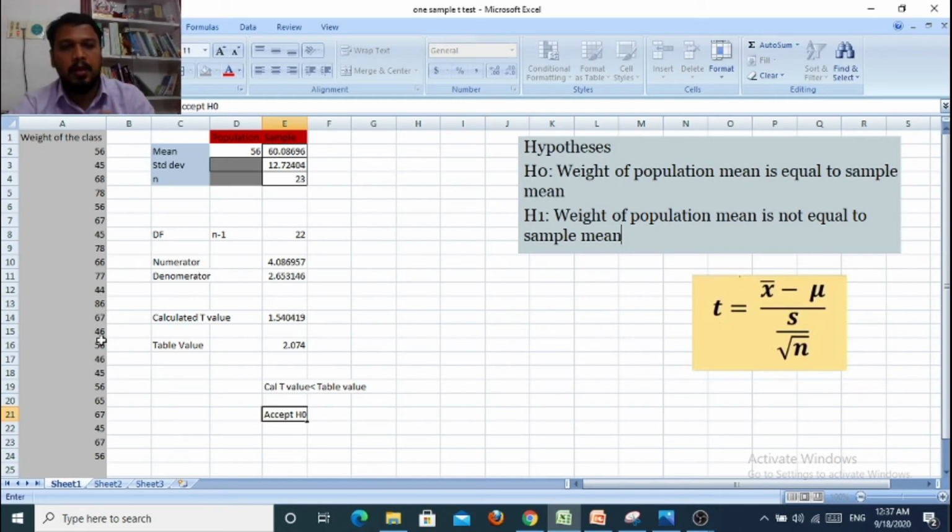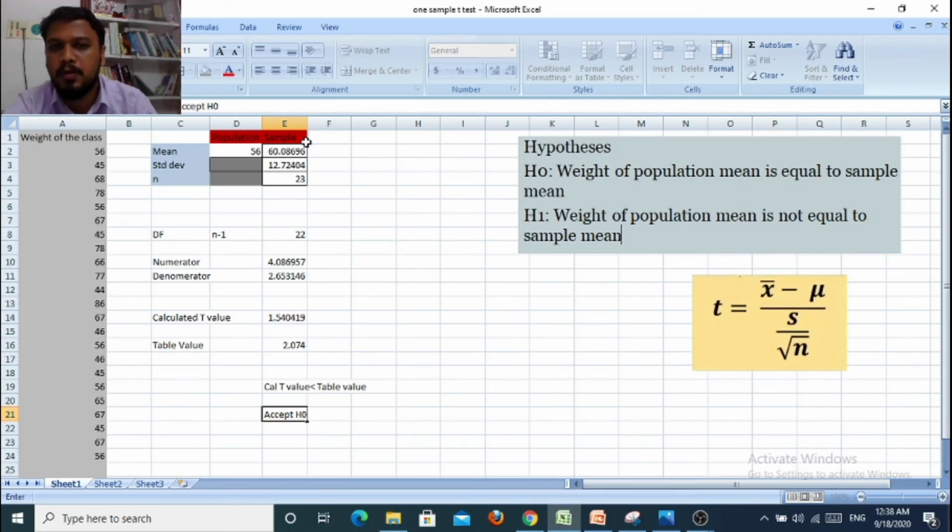Just to elaborate, we have collected a sample regarding the weight of a class. We know the weight of the population is 56. Now we have to check whether our sample weight is equal to the population weight.